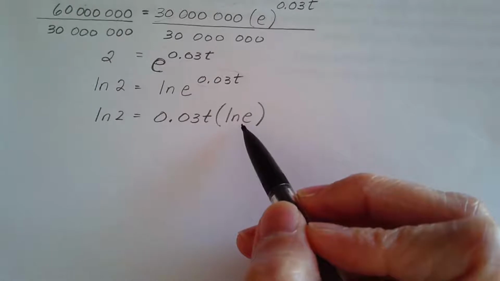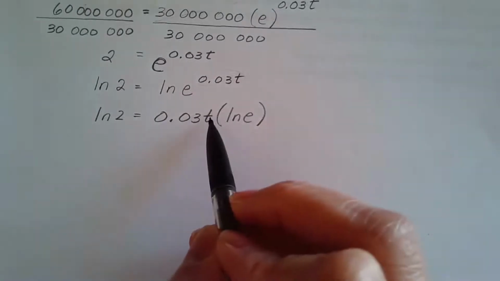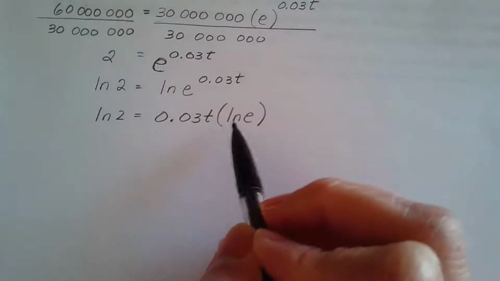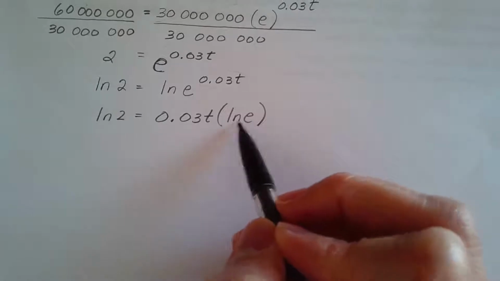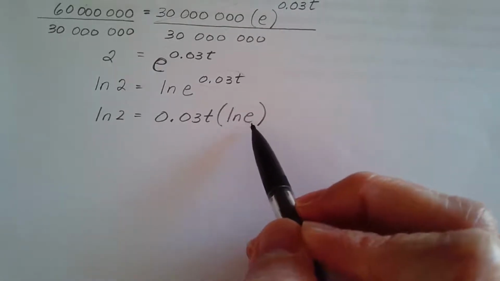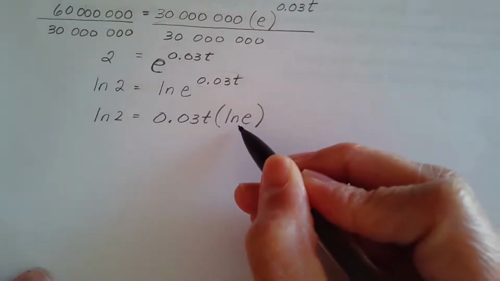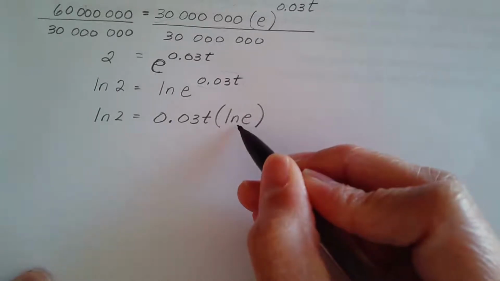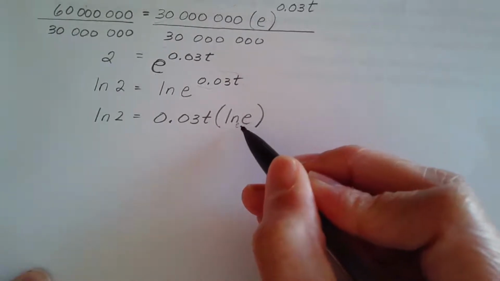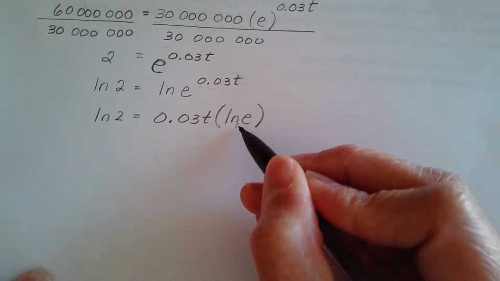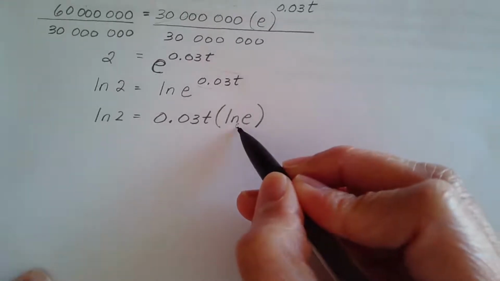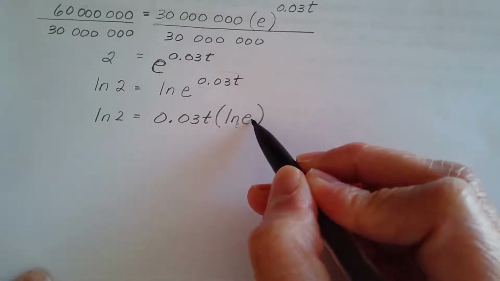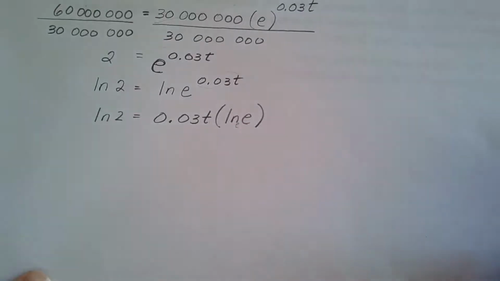Now let's see here. We're going to solve for t. But before we get into that, natural log of e is really telling us, what exponent for the base e, which is the base for natural log, do we need to get e? Well, the answer is 1.